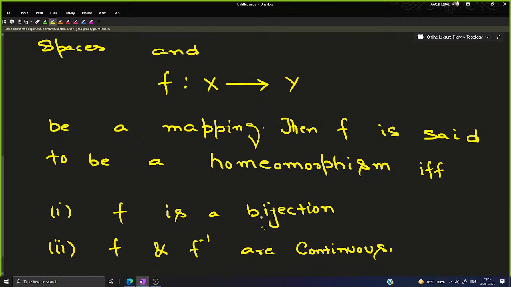Bijections are invertible, so therefore f inverse exists. So I can speak of f inverse. And the second requirement is the function f and its inverse, which exists by the first requirement, they must be both continuous. ठीक है.